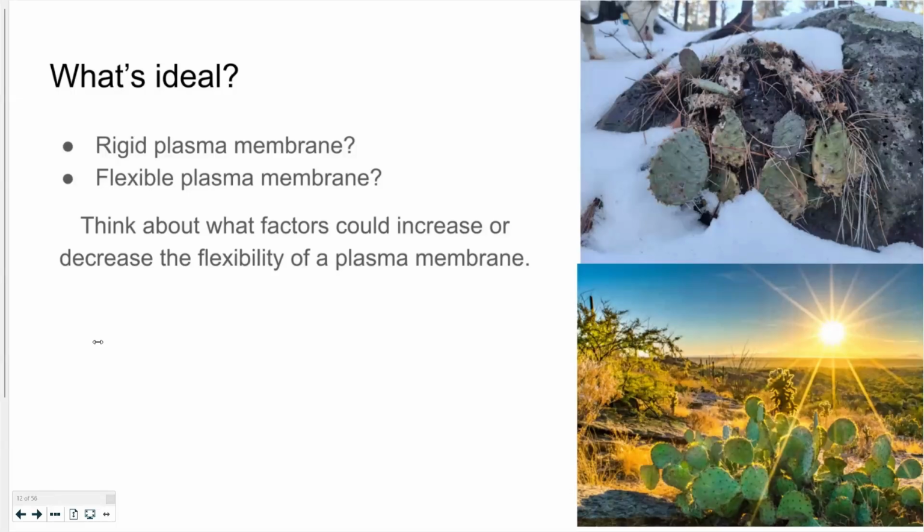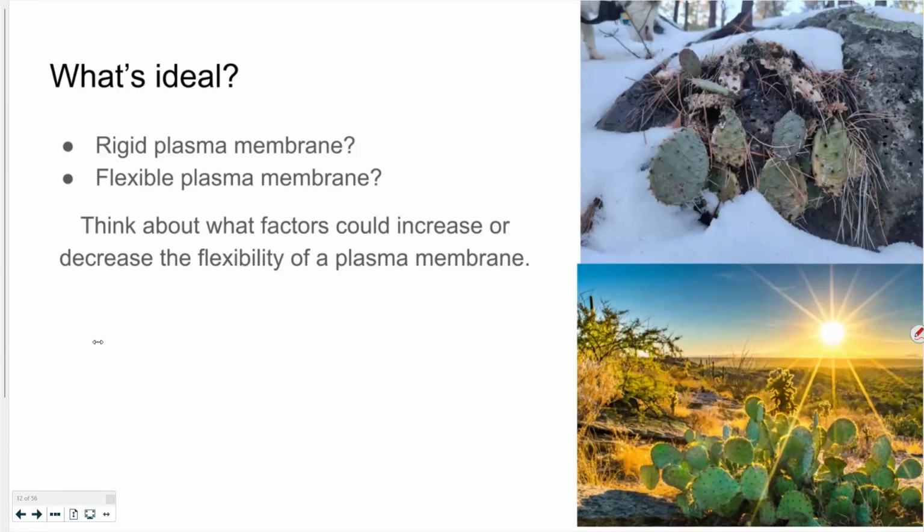We can move those proteins around. We can allow various types of substances to enter the cells or to leave the cells. But we don't want too much flexibility, where the plasma membrane would kind of fall apart. Okay, so let's think about some factors that could increase or decrease the flexibility of the plasma membrane.